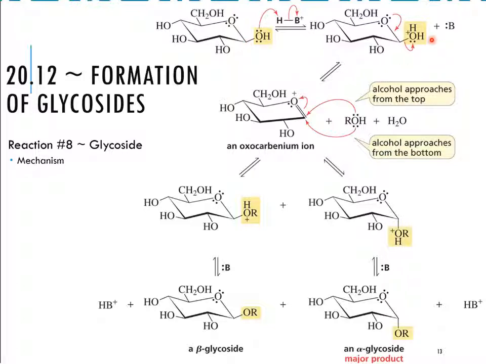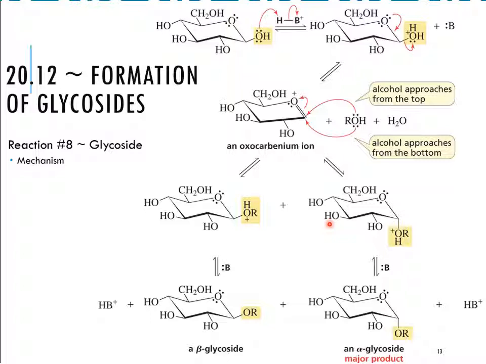So here we lose a leaving group and a carbonyl forms, and then we're going to react it with this alcohol. This carbon is sp2 hybridized, trigonal planar, so our alcohol can approach from the top or it can approach from the bottom. When it approaches from the top, we're going to make the beta version of the ring, and when it approaches from the bottom, we're going to make the alpha version of the ring.